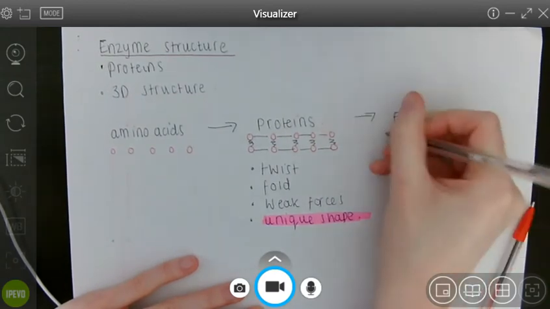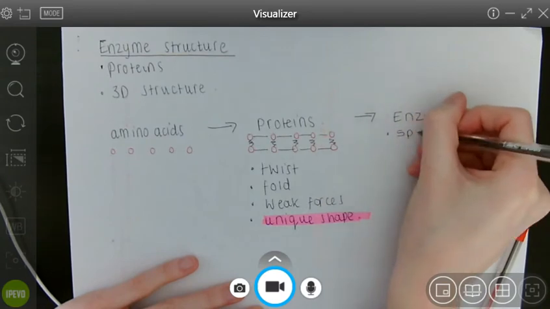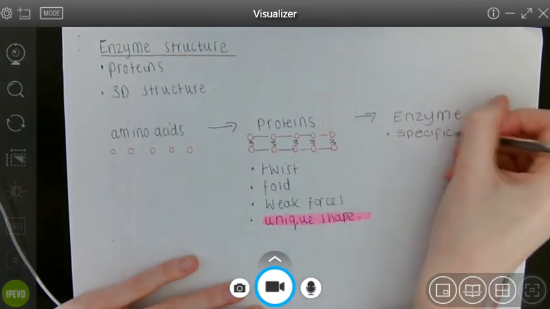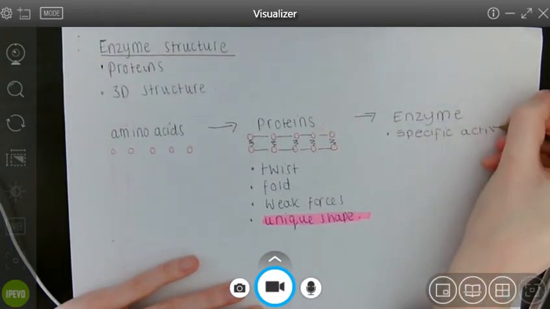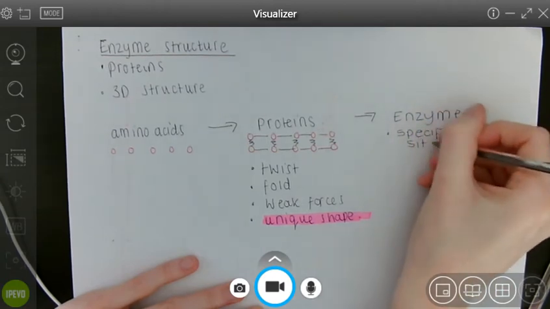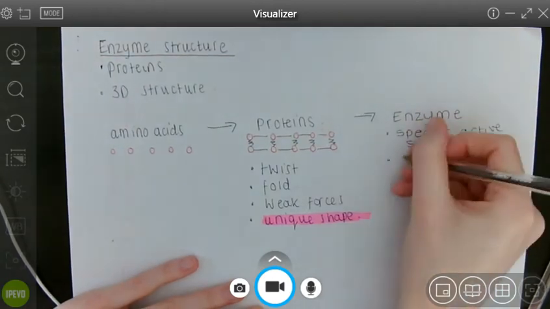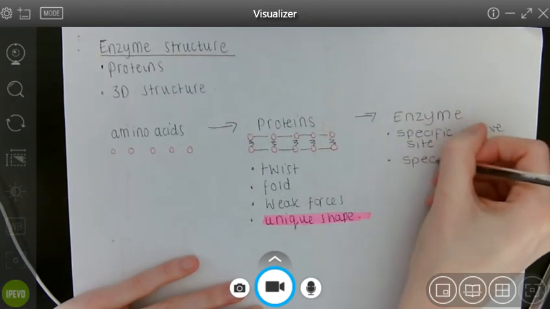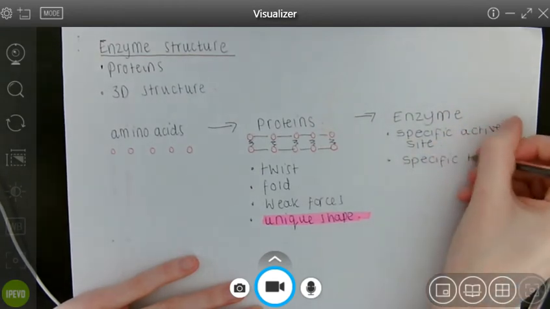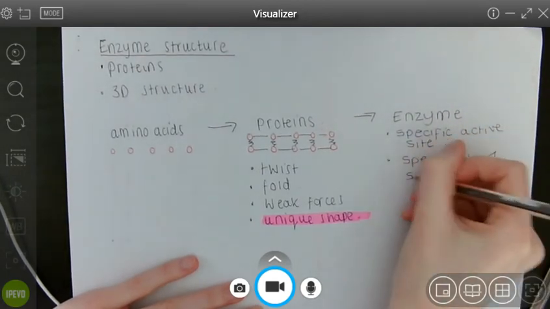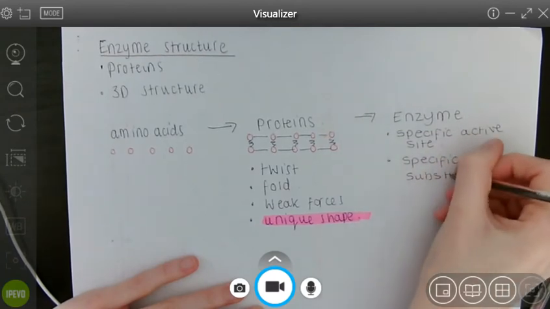And our enzyme has a specific active site, so a specific shape, and it is only specific to one substrate.